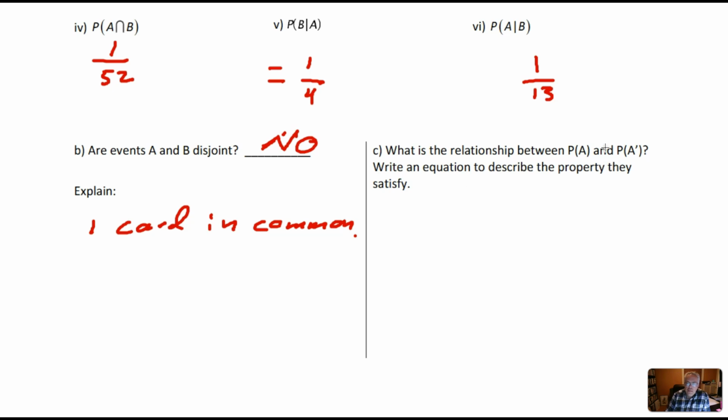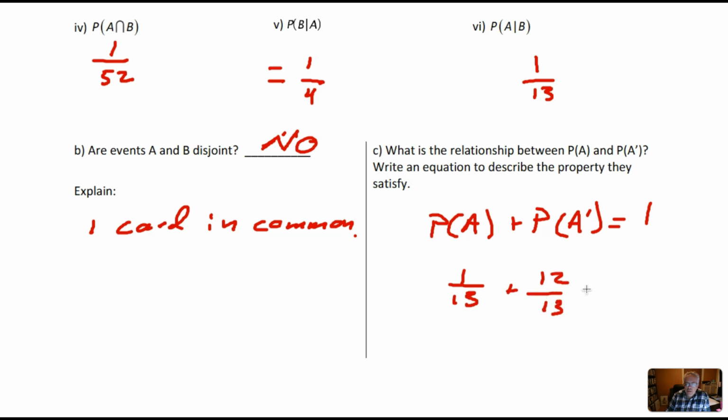What is the relationship between probability of A and probability of A prime? Well, this is always true, that the probability of A plus the probability of its complement is equal to 1. In this case, it's the fact that 1/13 plus 12/13 equals 1.